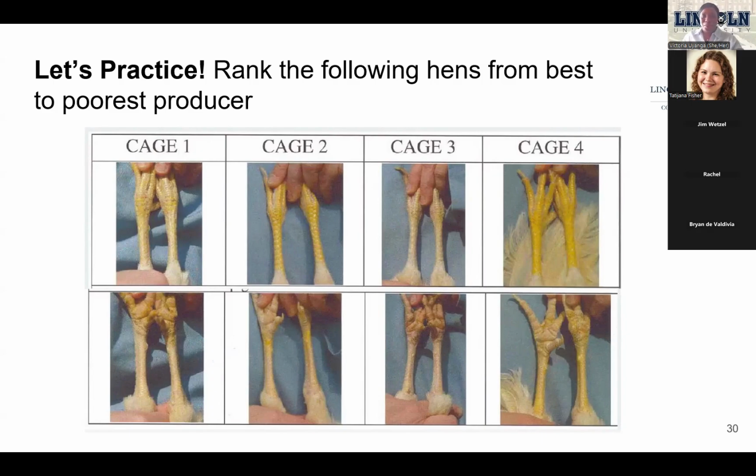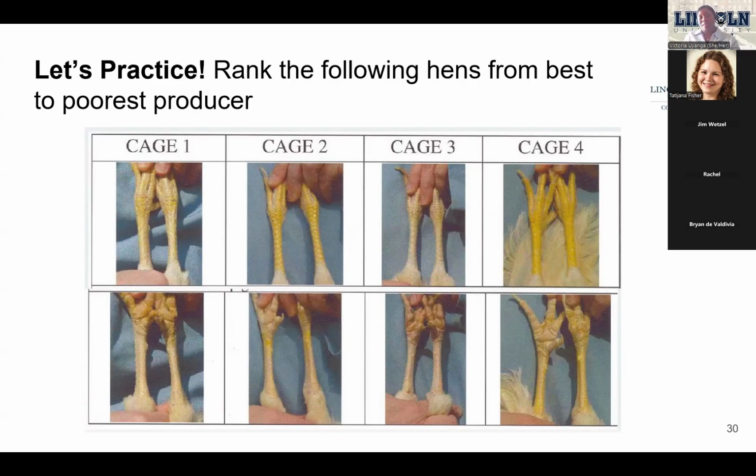We have 3124, 3124, and 3142. So at least everybody agrees that three is the best producer. Then after three, that's closely followed by one, and then we have four and two. Some people are going for four before two, and some for two before four.